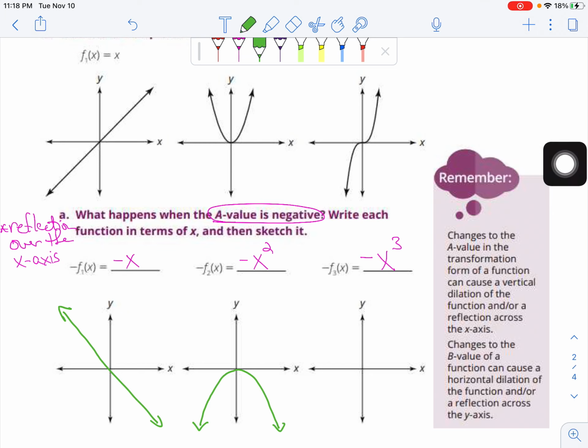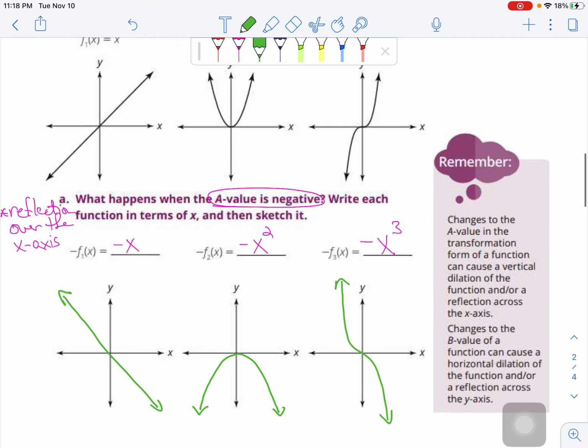So that S-shaped curve, instead of starting in the lower left, is going to start in the upper left and end in the lower right. Okay, but we're still going to keep the curve part of it, so still that kind of little S shape there. Okay, so that's what happens when the A value is negative. All right, that's one of our transformations that we can talk about. It's a reflection over the x-axis.